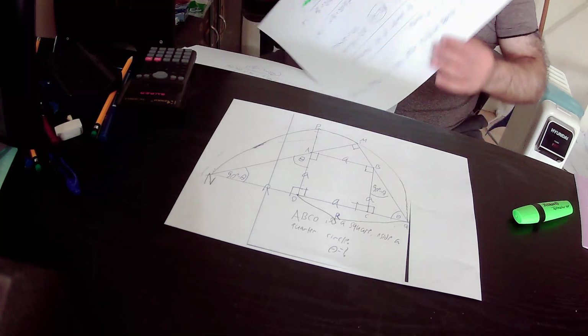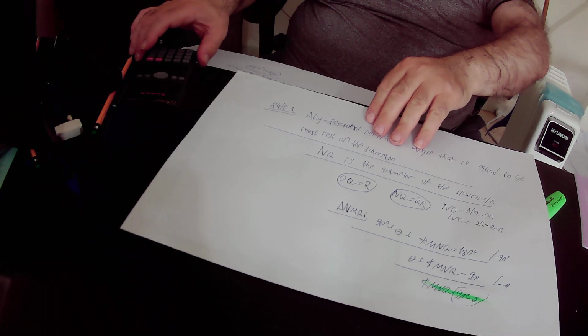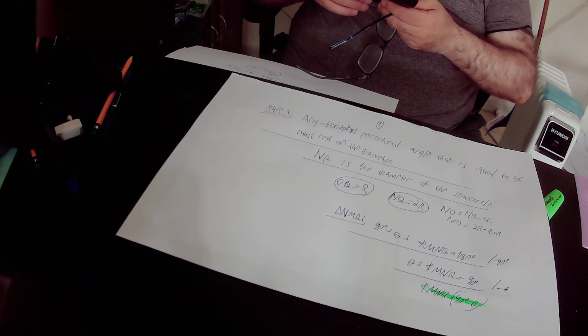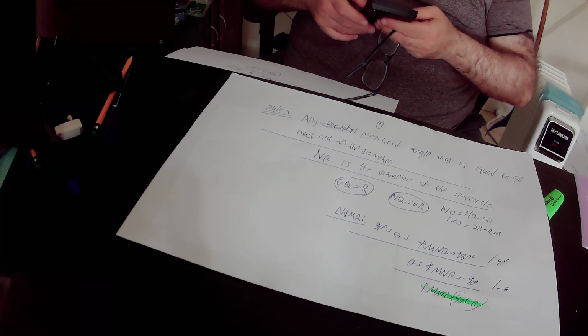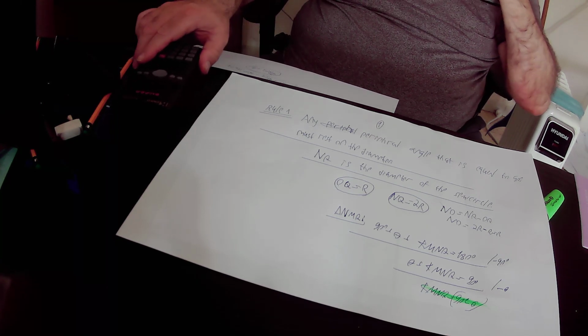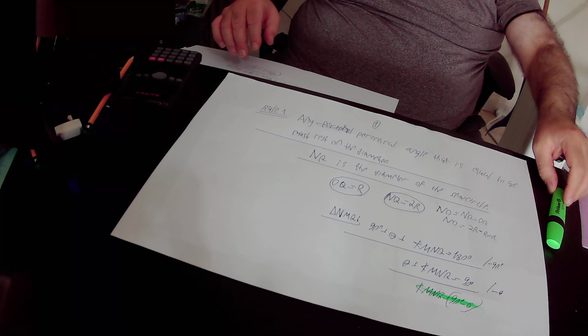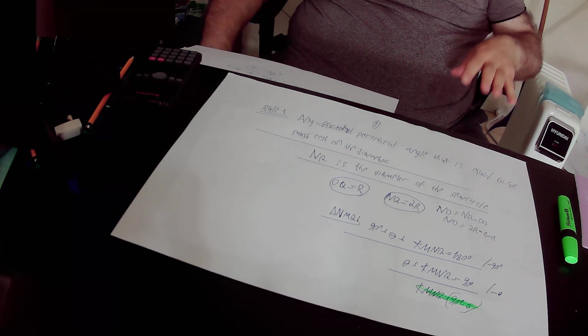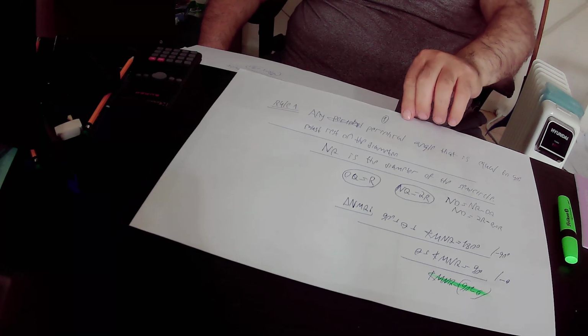And we have rule number 1: any peripheral angle that is equal to 90 degrees must rest on the diameter.